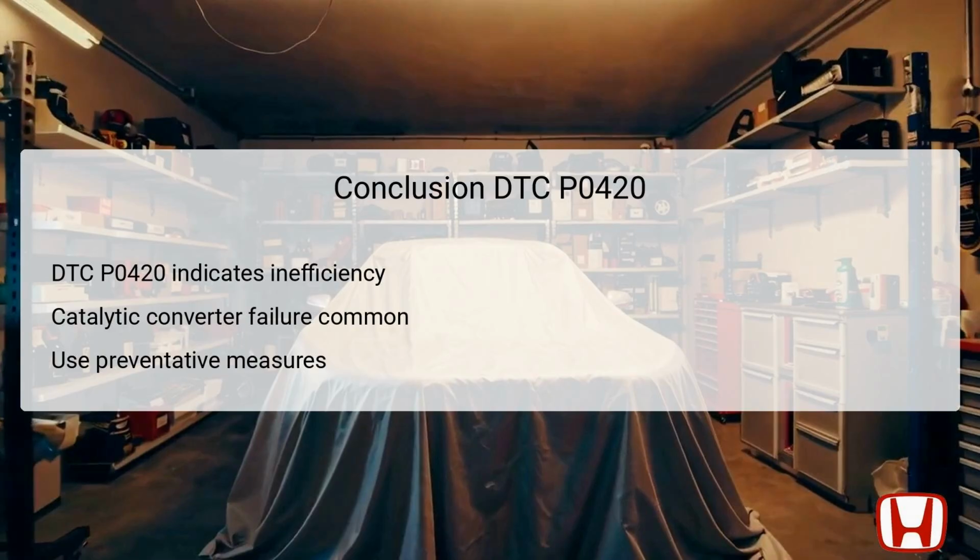Emphasis on preventive maintenance can significantly mitigate the risk of encountering such error codes in the future. Overall, understanding the implications of DTC P0420 and implementing thorough troubleshooting protocols ensures that the vehicle remains compliant with emissions regulations and maintains optimal performance.